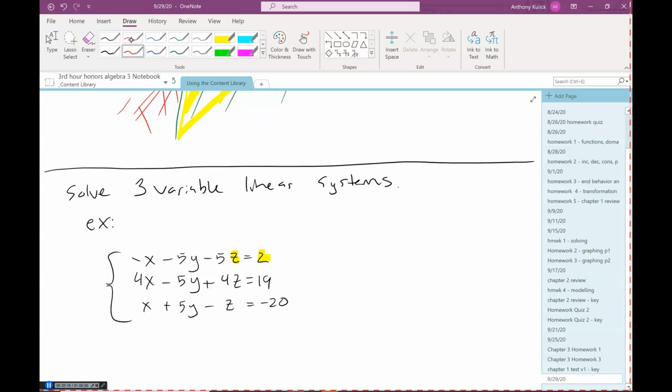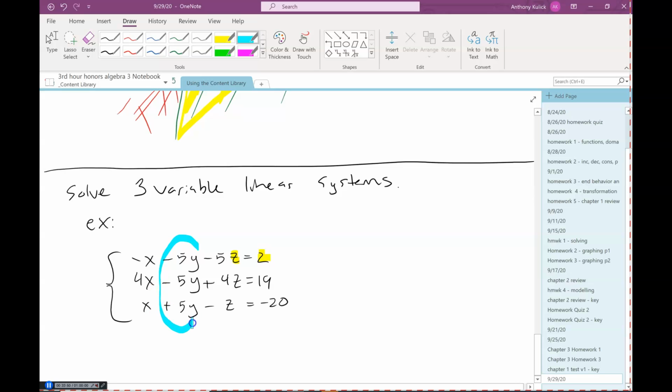Everybody okay with that? So the way I like to think about it is I pick one of my equations to act as my eliminator equation, where I'm going to use that equation to eliminate the variable that I've chosen from the other two. So if I look at this, the easiest variable for elimination is going to be the y's.